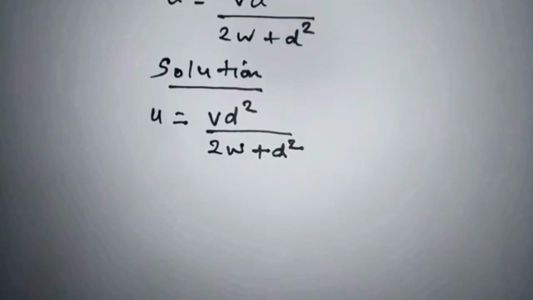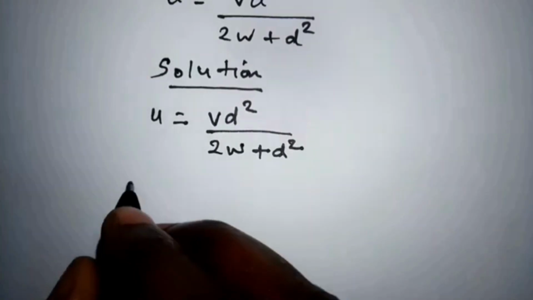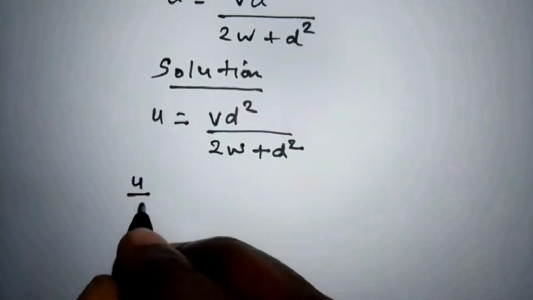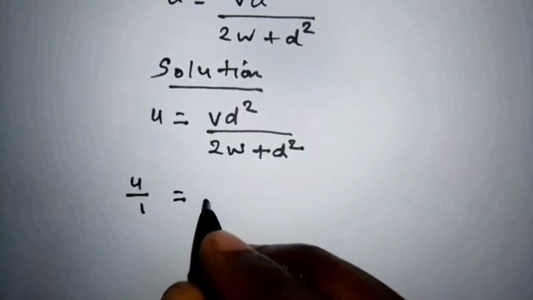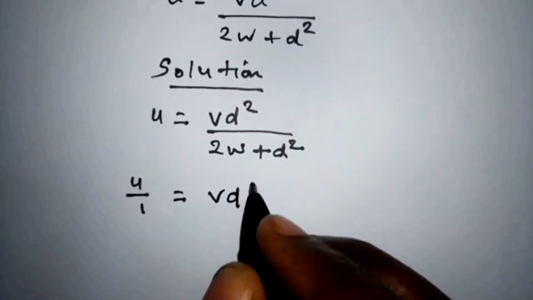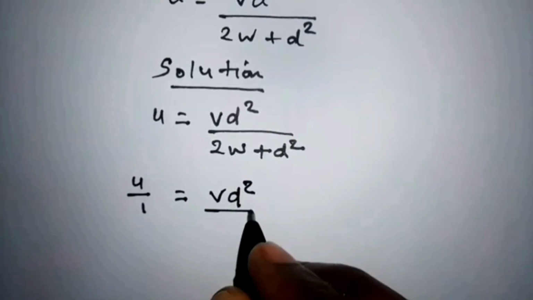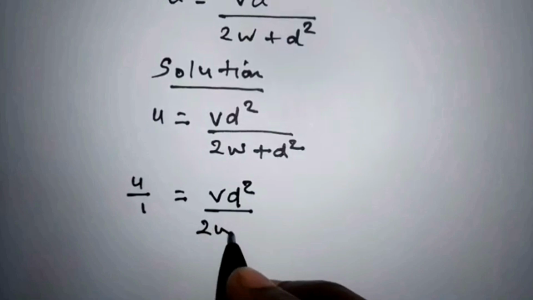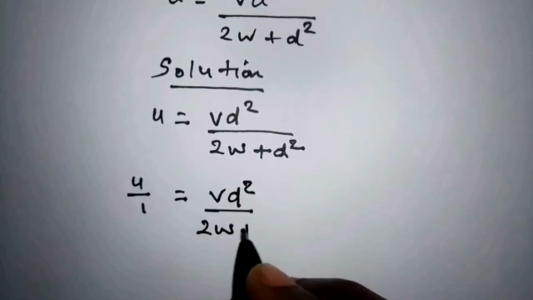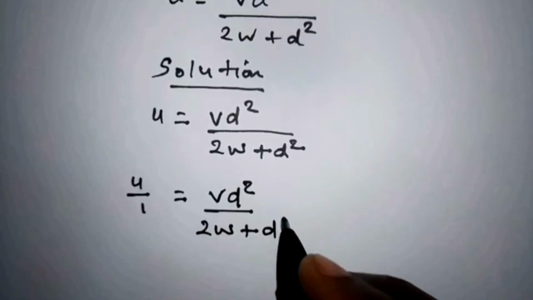We can express this as U over 1 equals V D squared over 2W plus D squared.